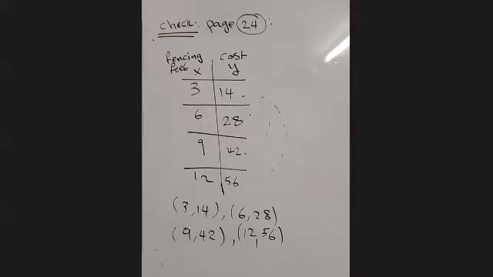Because here we always add 14. Plus 14, plus 14, you will get 56. Got it? Okay. After we make these ordered pairs, what do we need to do to finish the question?